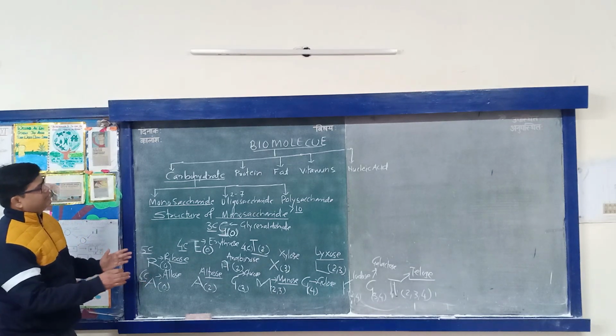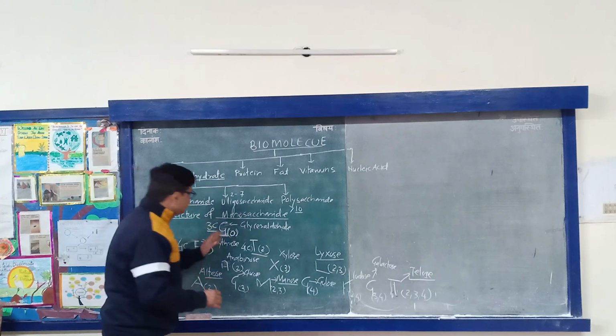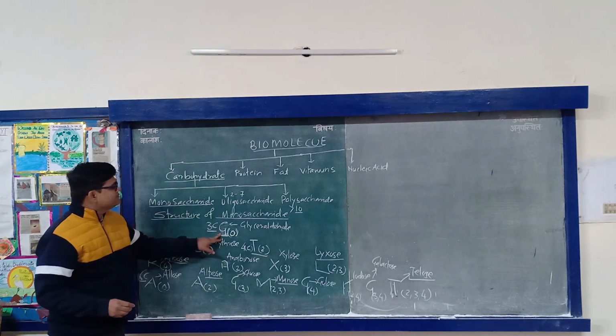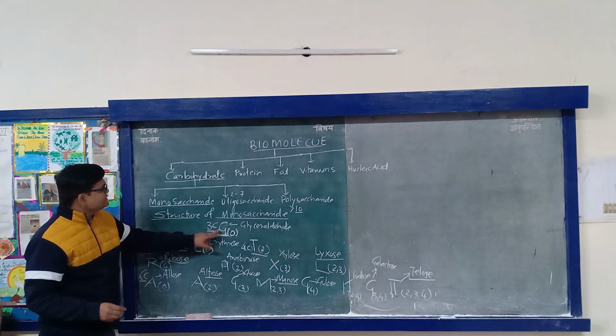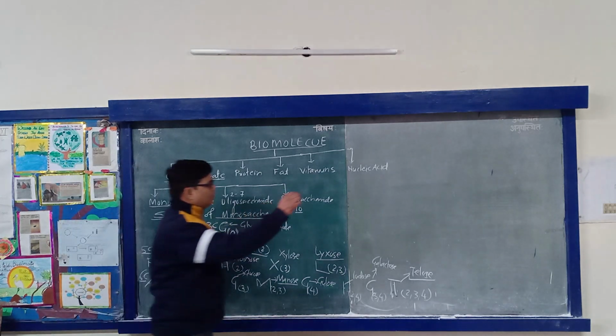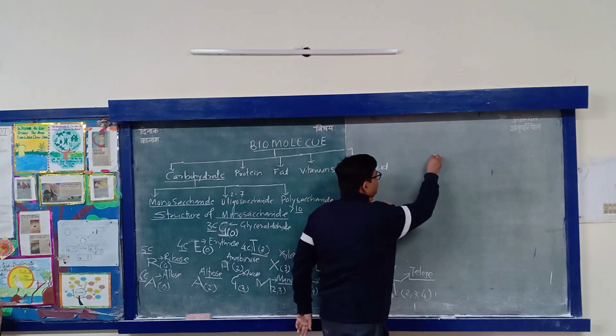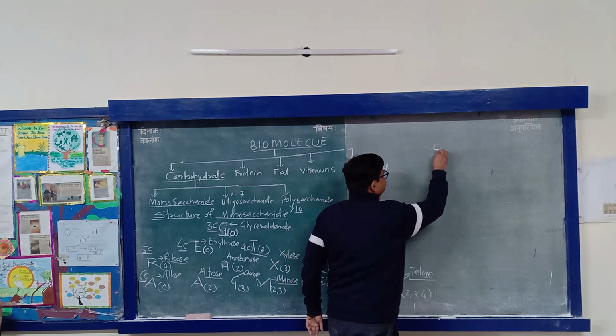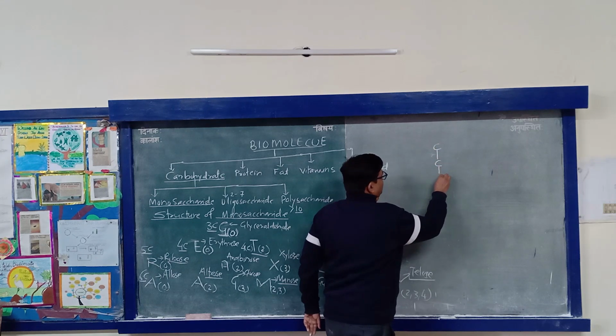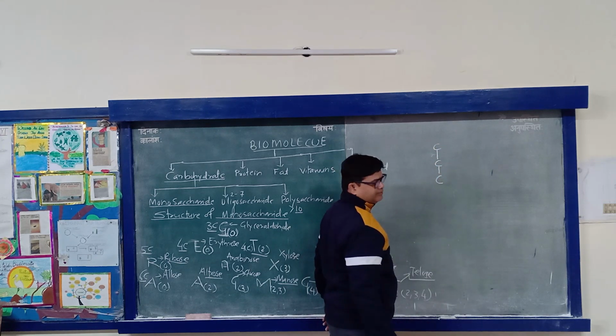Now let us start with the chemical structure from the beginning, that is the simplest carbohydrate, glyceraldehyde. You have to draw a simple chain of 3.